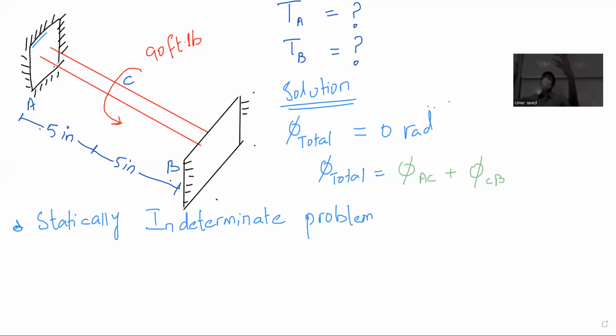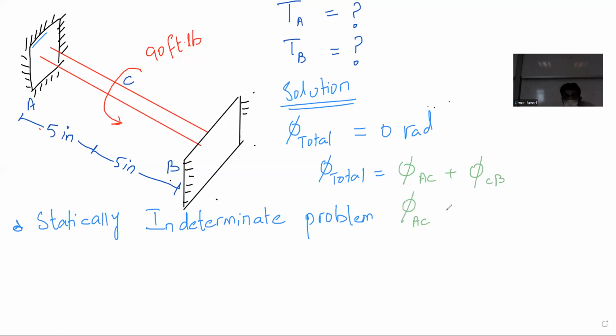What will be the total change in angle end to end? Nothing, because I'm holding it. You see here, I have held it, right? This thing goes inside the wall, and the right side also goes inside the wall. Now from the center, if you are twisting, the total phi will be 0.